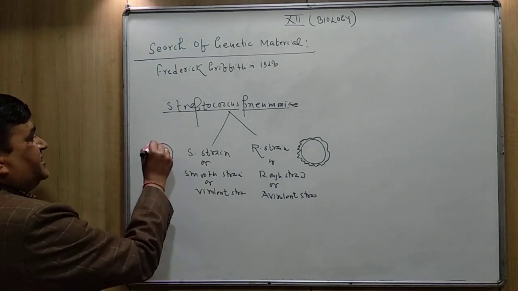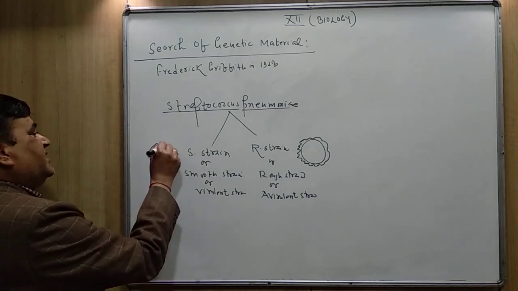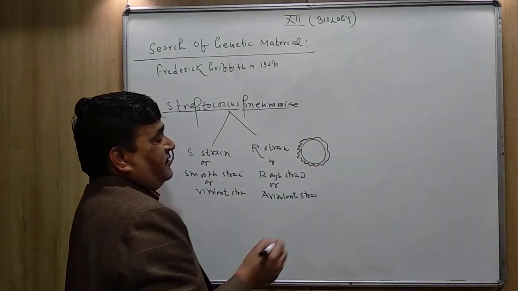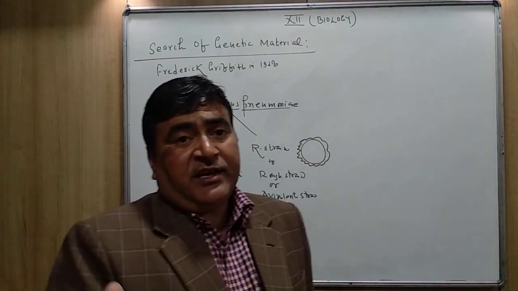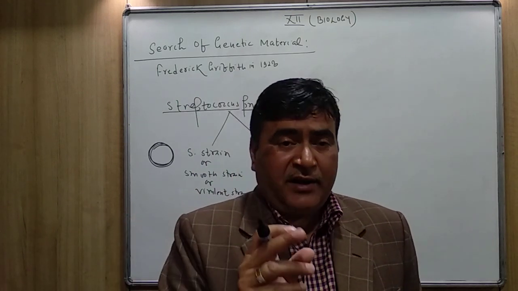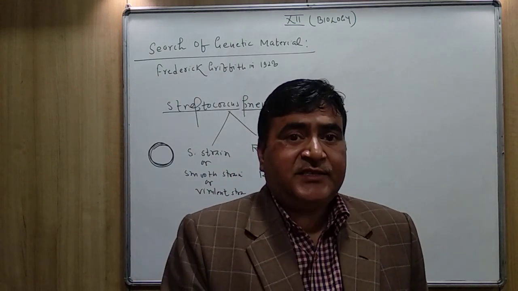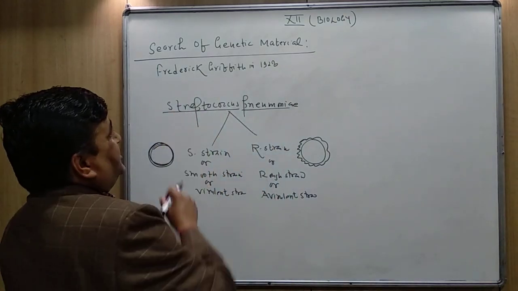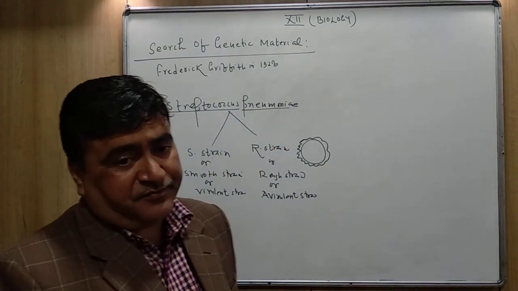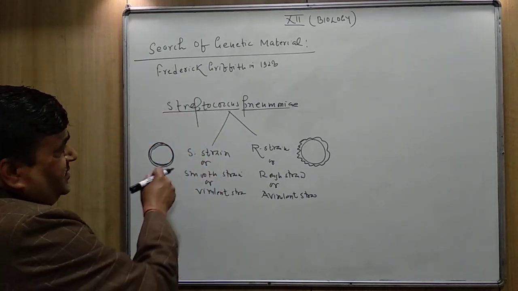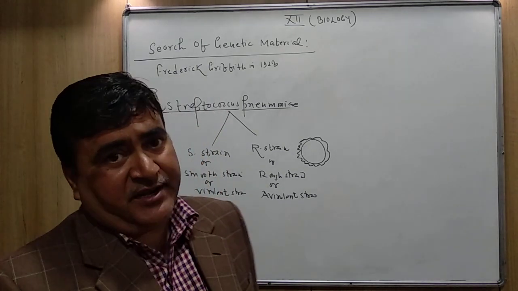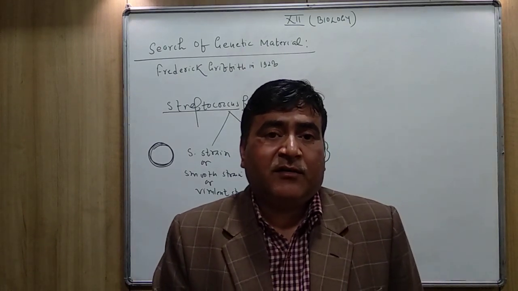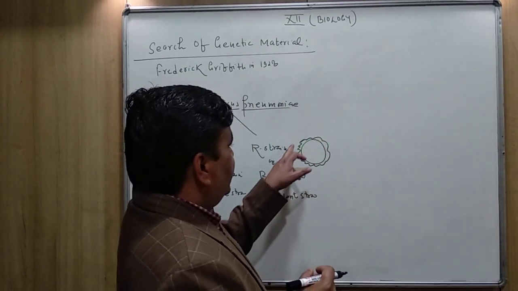The S strain, as I told you, has a very smooth surface, while the R strain has a very rough surface. But both the strains belong to this bacterium, Streptococcus pneumoniae.